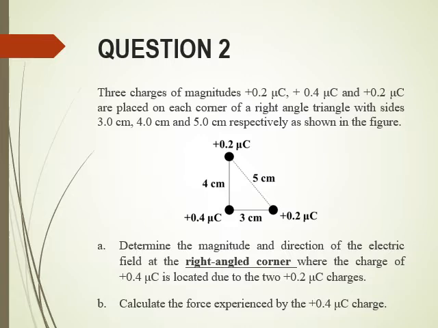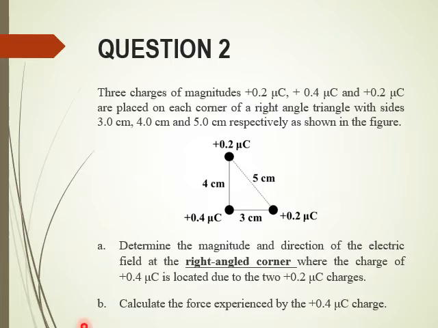Determine the magnitude and the direction of the electric field at the right angle corner, where the charge of positive 0.4 microcoulomb is located, due to the two positive 0.2 microcoulomb charges. Calculate the force experienced by the positive 0.4 microcoulomb charge.